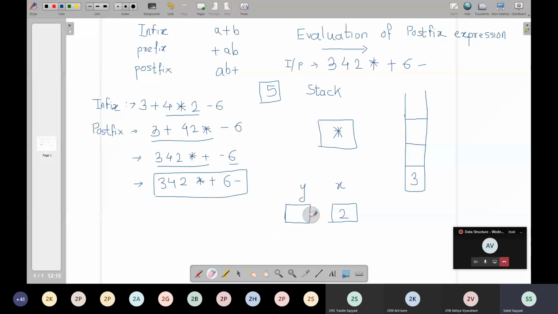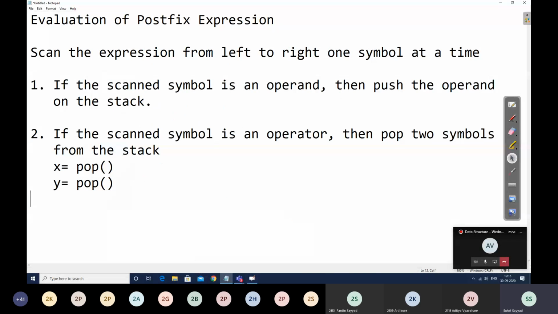Then the result is calculated for that operator as Y operator X. Very important. What is that operator? The operator that you have scanned from the input. And what operation will you apply here?